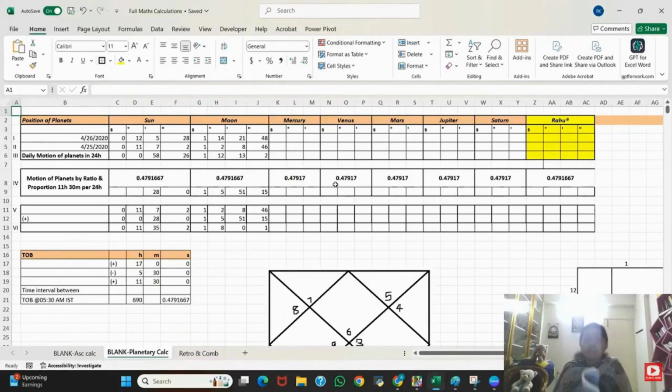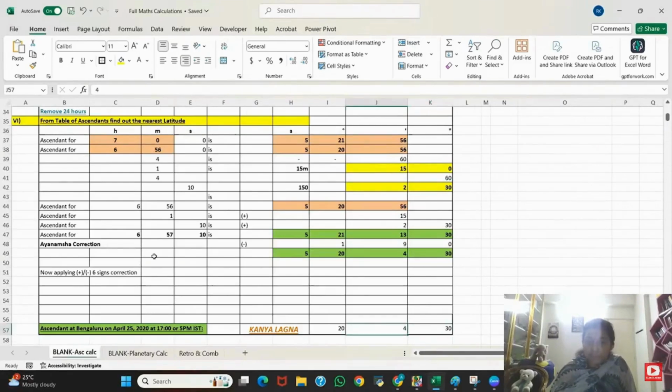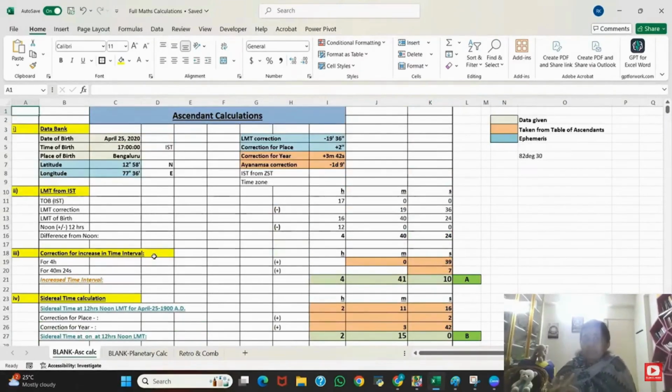So now, from the sidereal system, what was the planetary position on the day of birth of this baby, which we have to note down. If we observe the date of birth here, it's 25th of April 2020, in the evening, 17 hours. So that is in between 25th of April and 26th of April.